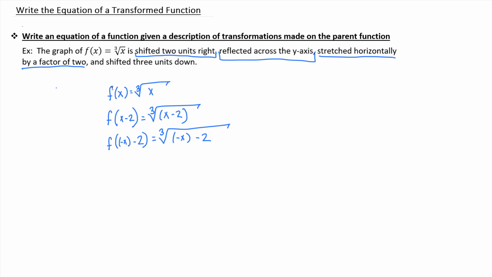So the multiplier is a half on this x. We're now evaluating our function at, instead of negative x, negative half x, and then minus 2. So what originally was the cube root of x is now the cube root of negative half x, but then minus the 2.